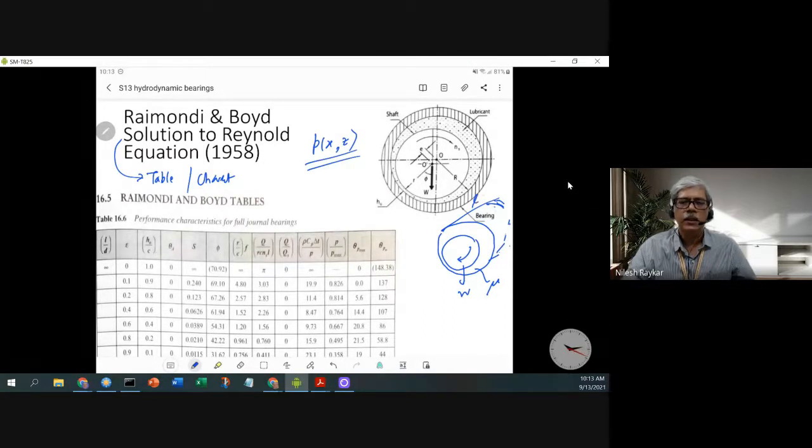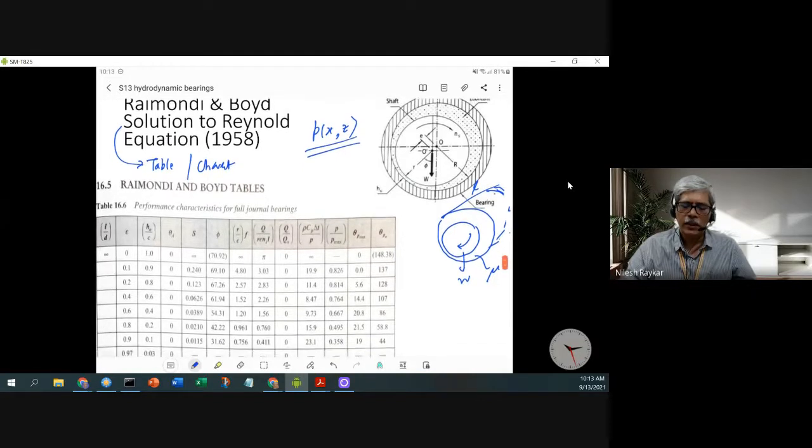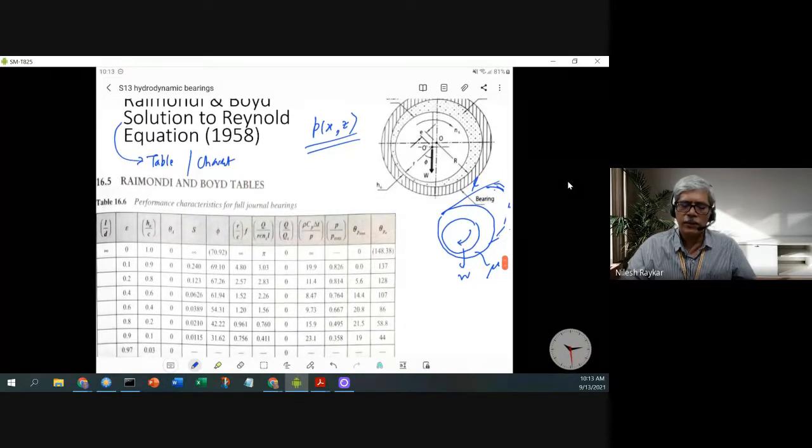In order to decide these particular things, the solution is presented in a particular fashion. So that is what we will see. The solution is in terms of a series of non-dimensional parameters. Each row of this table represents a solution to the Reynolds equation.